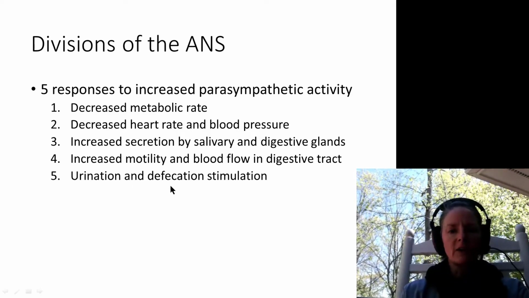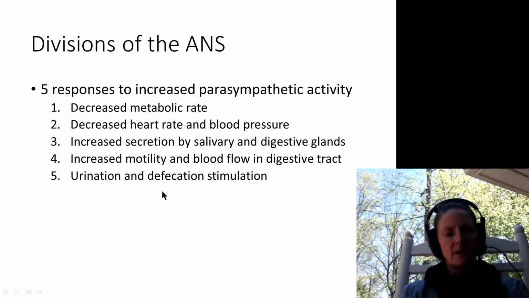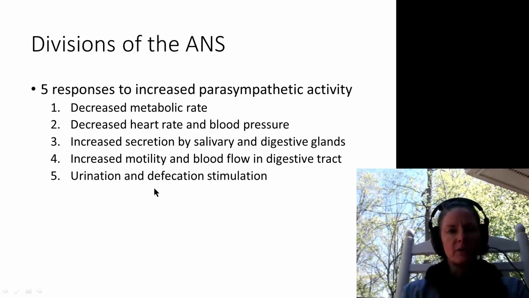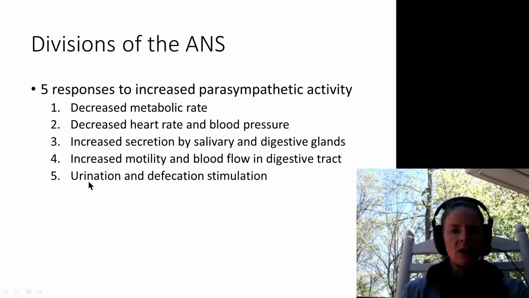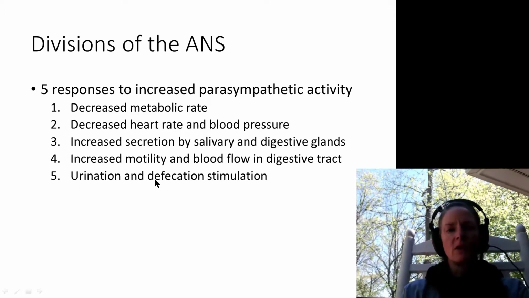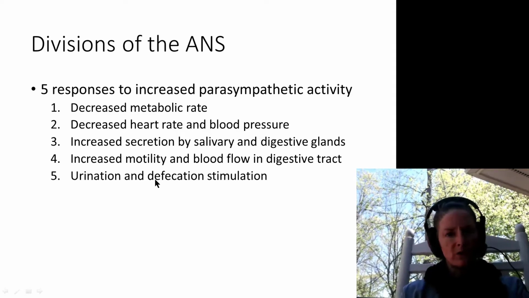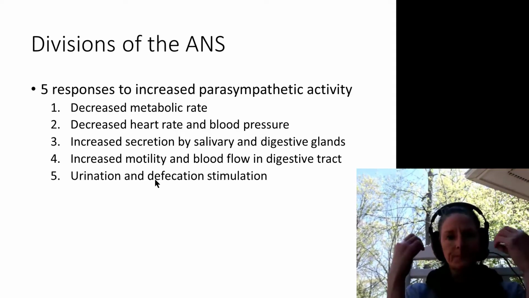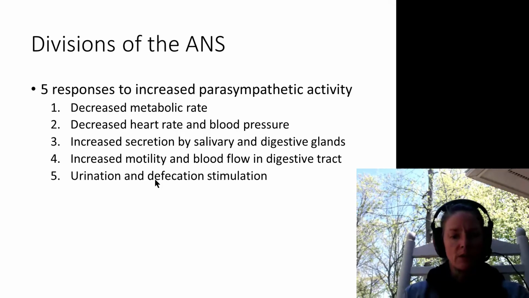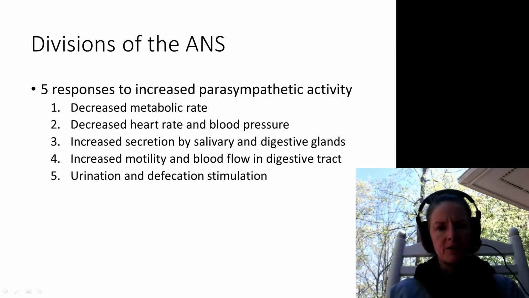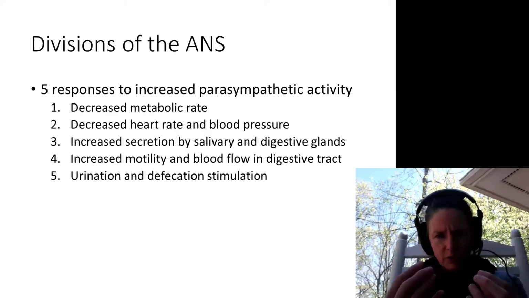And finally, we can take care of business if we've been unable to do it during some intense stimulation. Well, now we can turn our attention to basic functions like urination and defecation. We'll also see things, for example, like the pupils of our eyes. They will constrict. And this will bring our focus close to what we're doing.